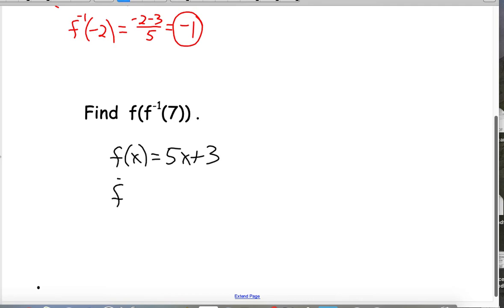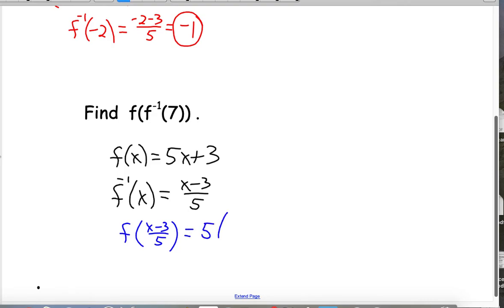So I calculate the inverse function, which we already did, x minus 3 over 5. And then I'm going to calculate f of f inverse, so I'm going to send x minus 3 over 5 into f, and that's going to give me 5 times x minus 3 over 5 plus 3. And when I simplify, those 5's cancel, and then -3 plus 3 is 0, and so I just get x.